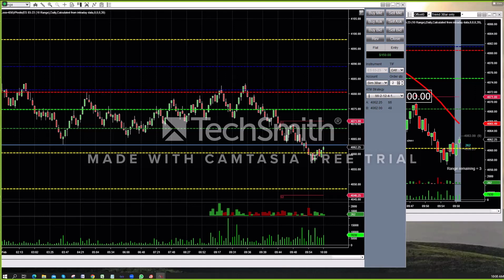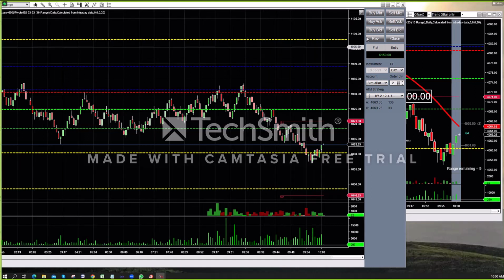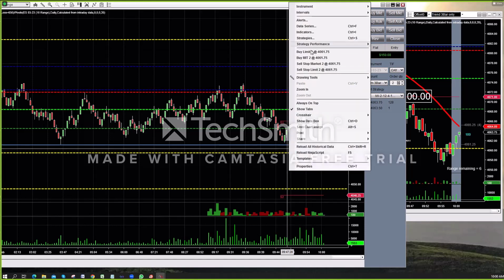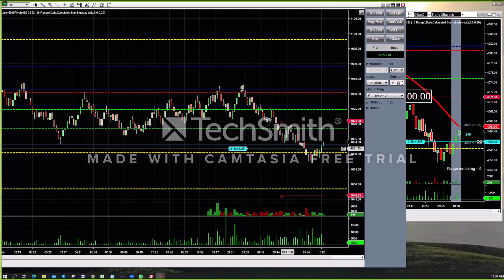If you trade above your blue line, definitely try and get back in on this. Maybe 61 and a quarter, 61.50. Order submitted. I don't know if it'll work, but you definitely want to take the turn.